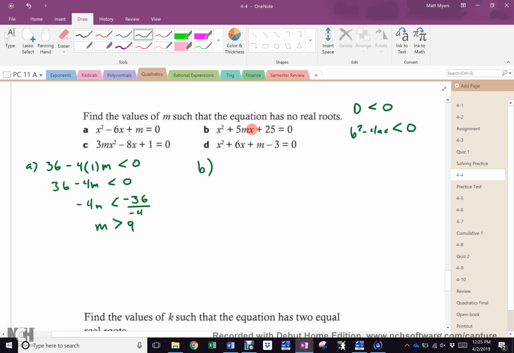B is a little bit tricky. Since it sounds like not a lot of people did this, I'd like you guys to do B right now. If you already did it, you're in business. You'll be checking your work in a second.